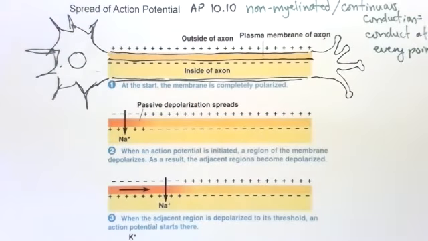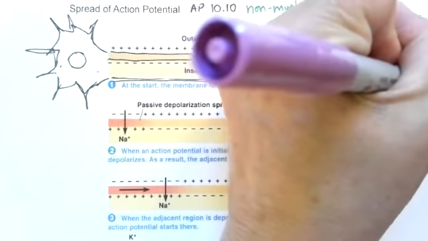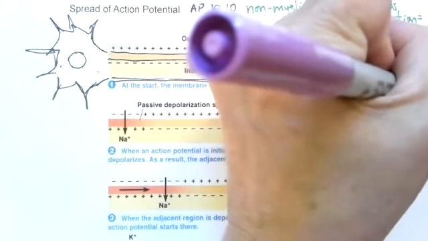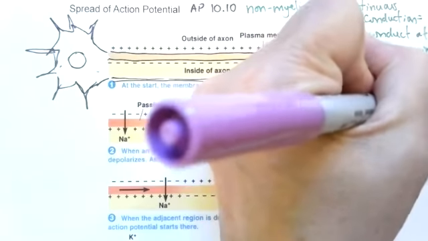Now, I am going to draw in, if you remember correctly, the light colored purple in the last video was our sodium ion channel. So this is going to be our Na+ ion channel, and this is voltage gated.